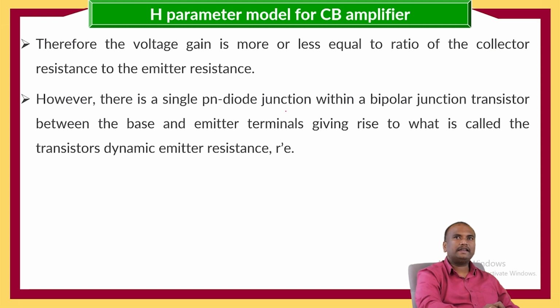However, there is a single PN junction diode within a bipolar junction transistor between the base and emitter terminals, giving rise to what is called the transistor's dynamic resistance Re dash.